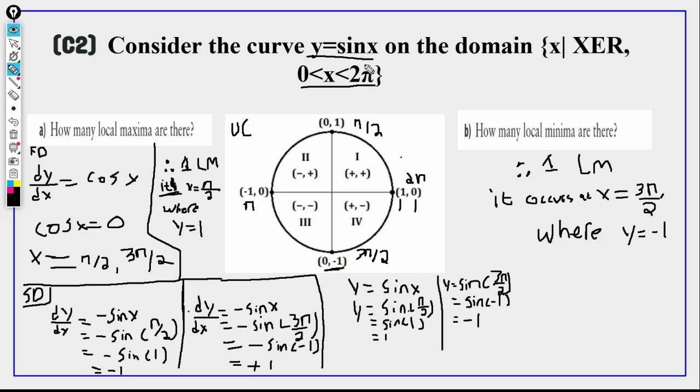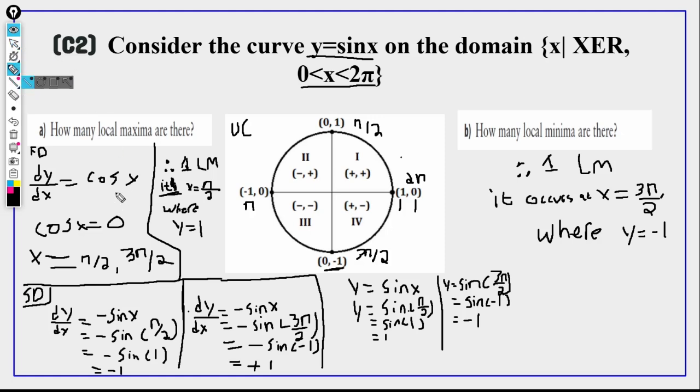For our regular function, the local maximum between 0 and 2 pi is y equals 1, and the local minimum is y equals negative 1. For our derivative, at pi over 2 the second derivative is negative 1, and at 3 pi over 2 it is positive 1.